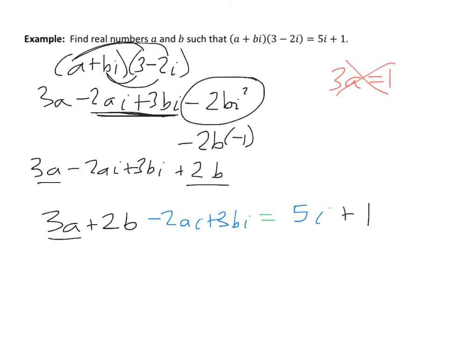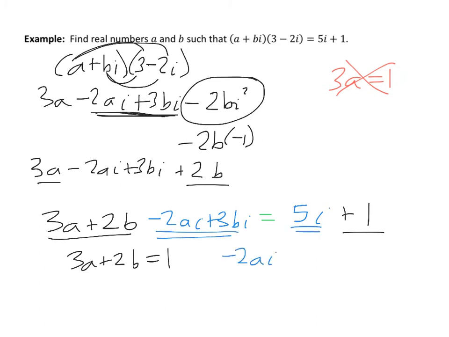The idea is that this real part has to equal the real part, so 3a plus 2b has to equal 1, and the imaginary part here has to equal the imaginary part here. In other words, negative 2ai plus 3bi has to equal 5i. I don't really want to keep these imaginary numbers around. Let's just make this negative 2a plus 3b equals 5.